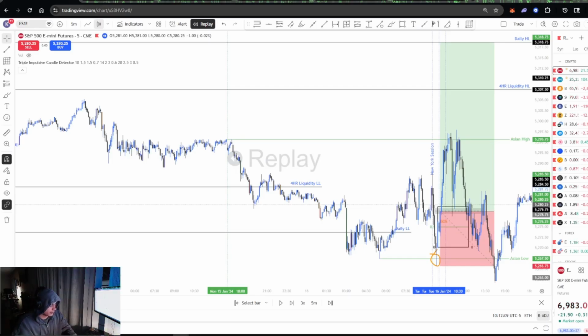Open and created a small fair value gap. Also, NY session swept Asian session lows.